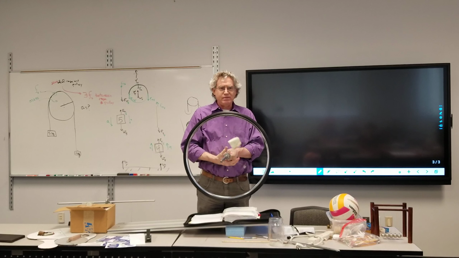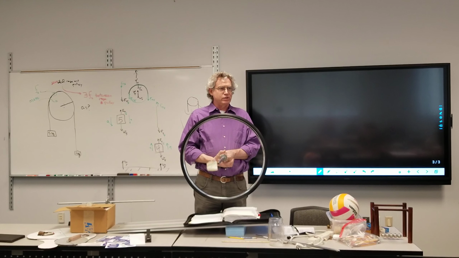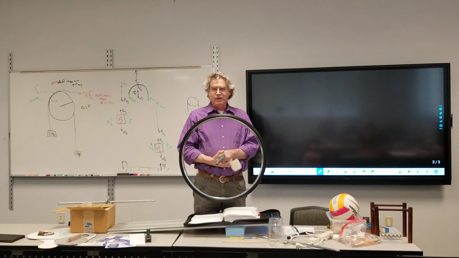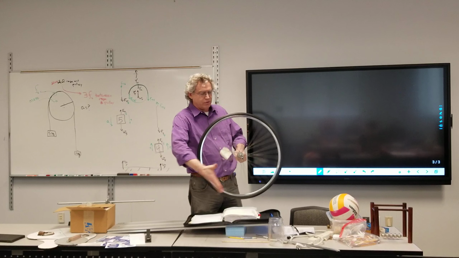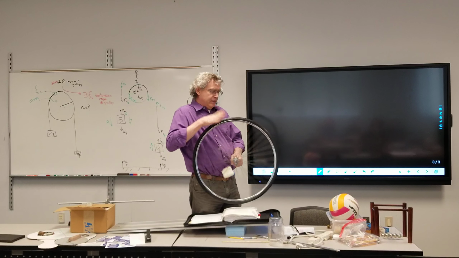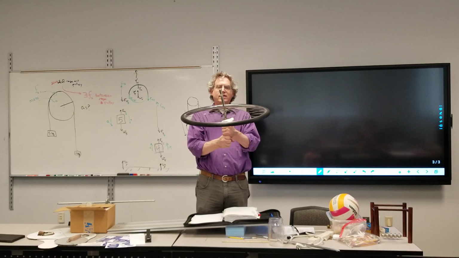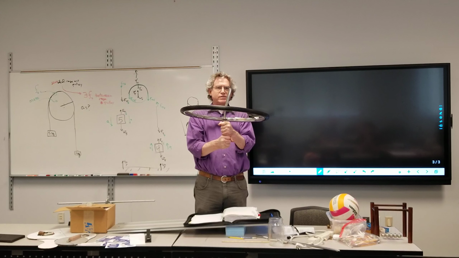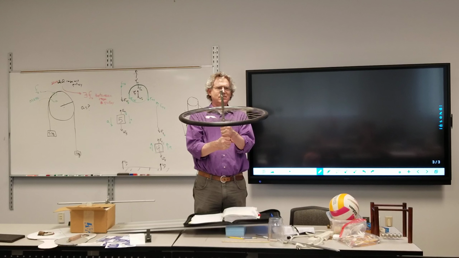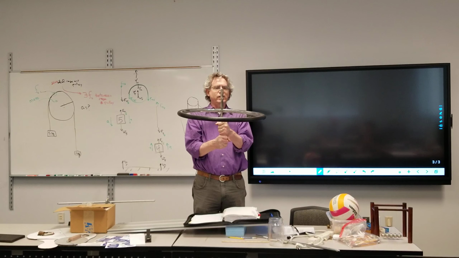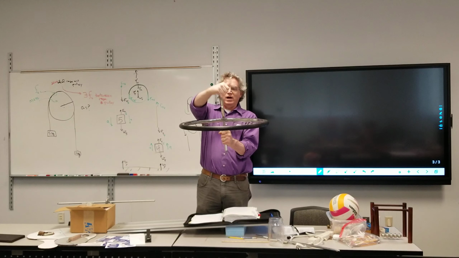If it's spinning like that, what is the direction of the angular velocity? Away from the board. Yeah, and you could also check that by doing this. If I'm spinning like that, what is the direction of the angular velocity? Away from the board. Up. It's either going to be up or down. You're going for up. Why? It's that way. So my thumb will either point up or down.